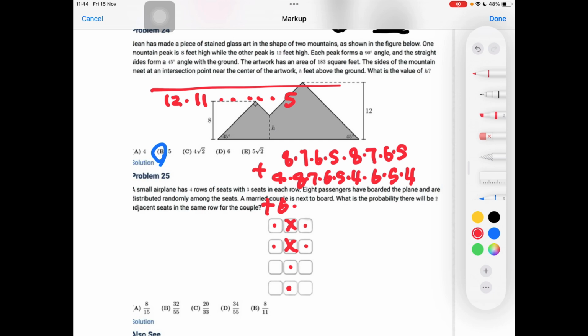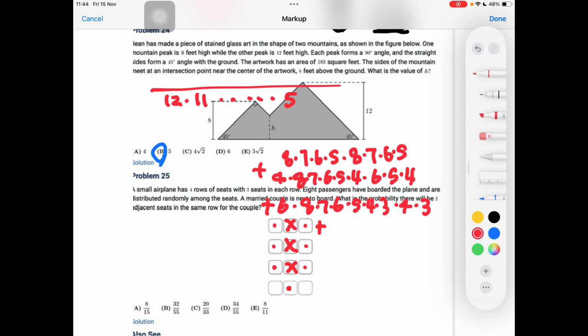And 8, 7, 6, 5, 4, 3, times we have 4 seats. So 4, 3. Then we have 8 passengers already. So now let's make another one like this.